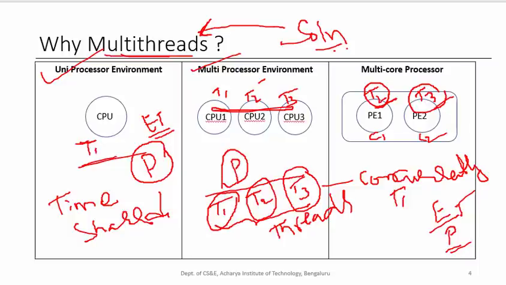These threads can run in parallel in a multiprocessor or multi-core processor based computing environment, or they can run concurrently in a uniprocessor environment. That is the significance, or advantage, of creating multiple threads inside the process. All of them will have their own thread of execution.